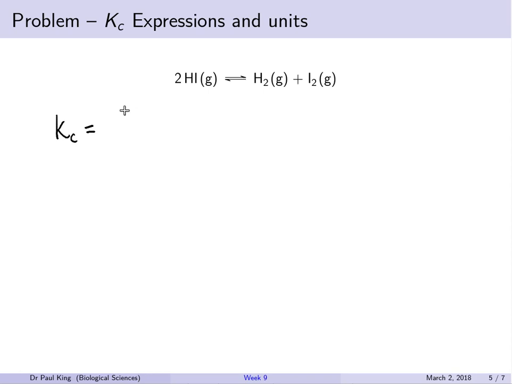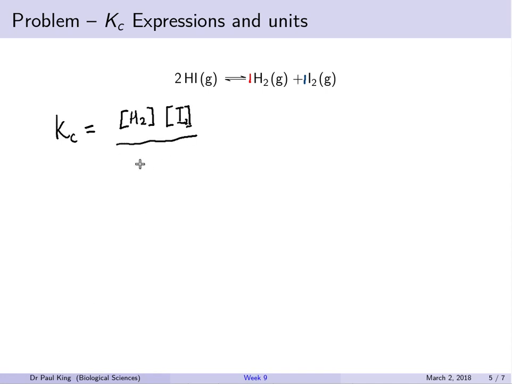We're going to write down the products, that's the concentration of H2, multiplied by the concentration of I2. We're then going to consider the powers. Well, here effectively we've got a 1 for the hydrogen, which we don't explicitly put in there. Here we've got a 1 for the iodine. Again, we're not explicitly going to put that into our equilibrium constant expression.